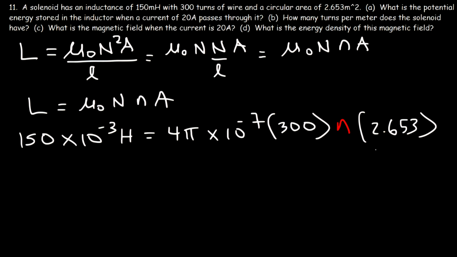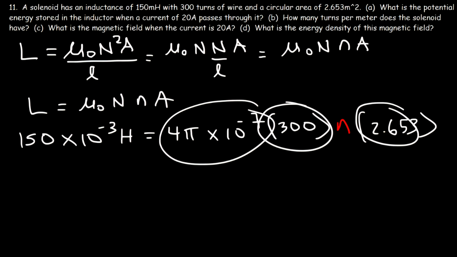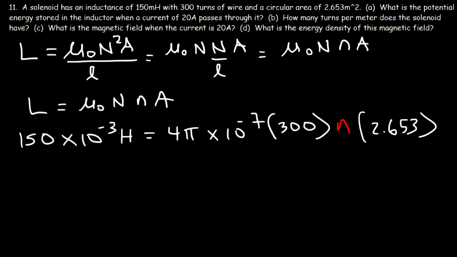So first, let's multiply these three numbers. So 4 pi times 10 to the minus 7 times 300 times 2.653, that's about 1.0 times 10 to the minus 3.